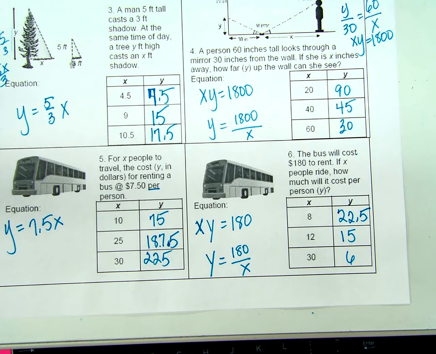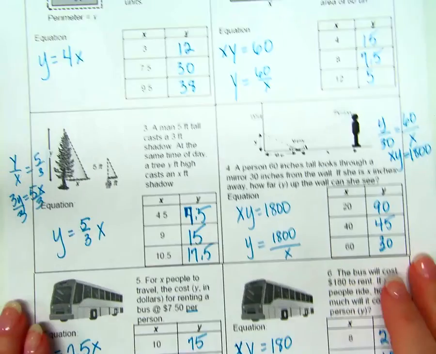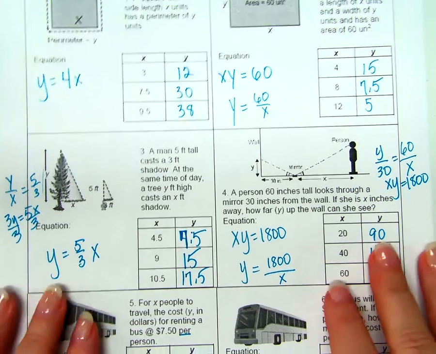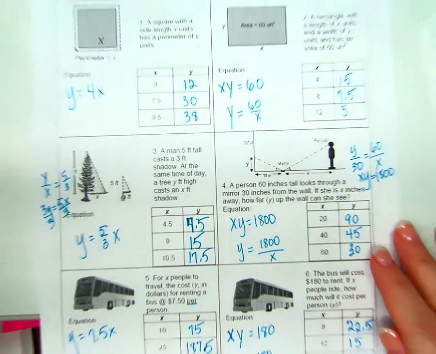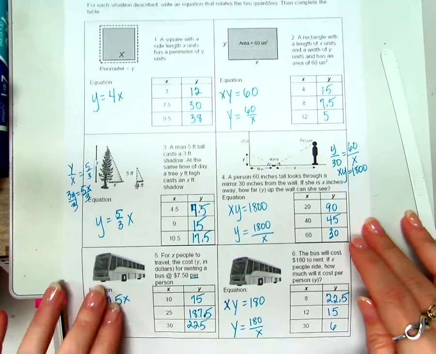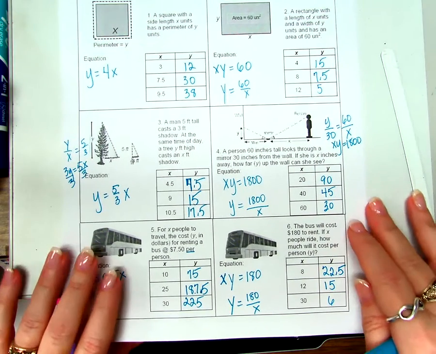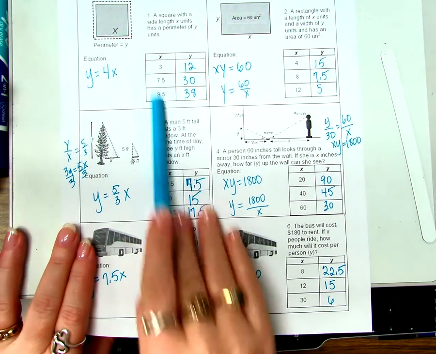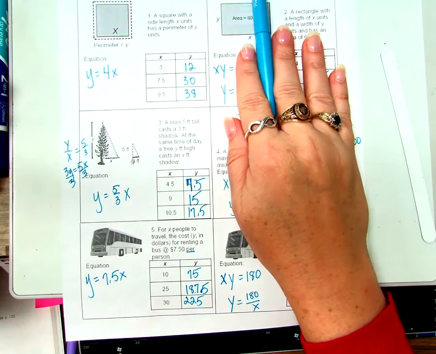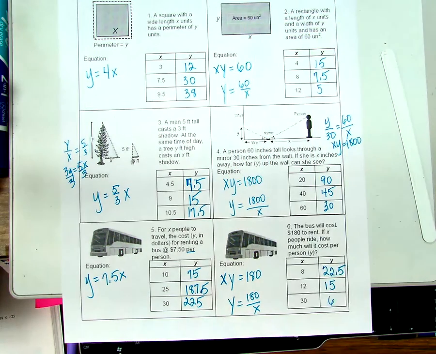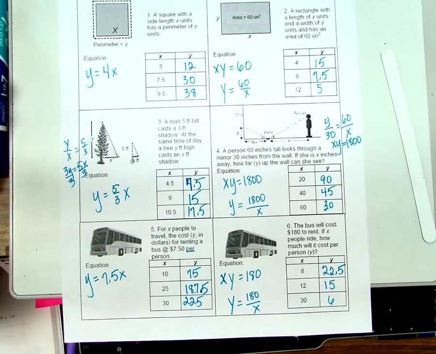Okay. So let's talk about this in general. We're still looking at this side. Let me zoom out a little bit so we can look at all of this. I want you to look specifically at the x column of the table in this first column. We're not looking at this side right now. What do you notice about the x values in each of the tables?